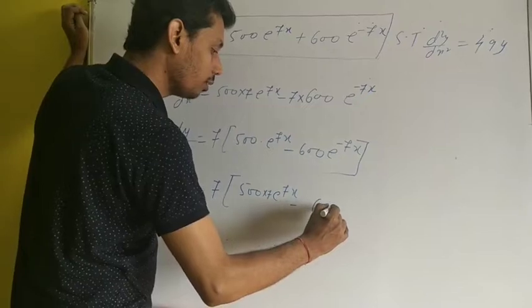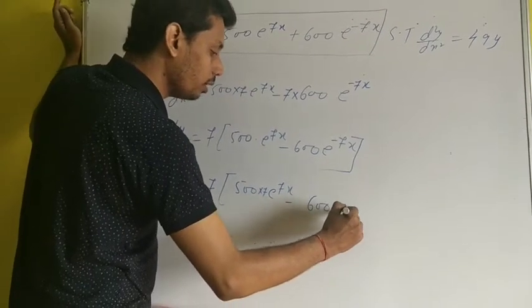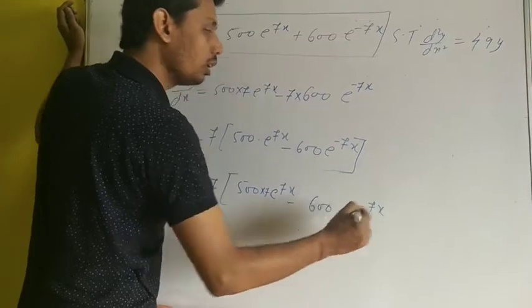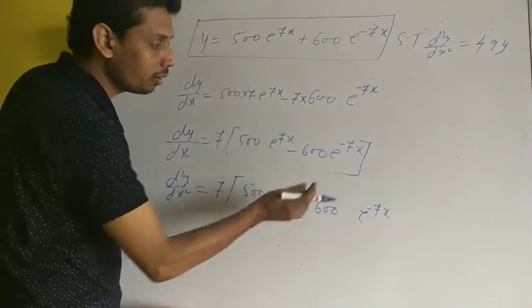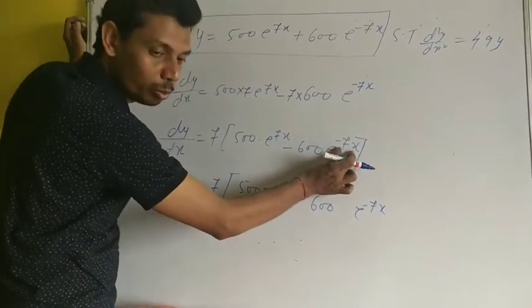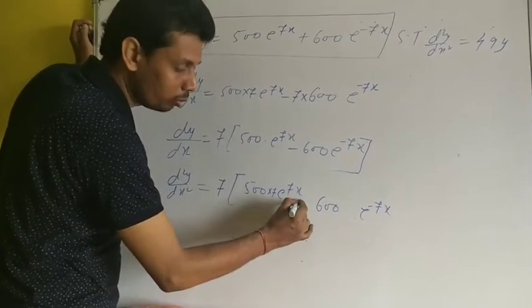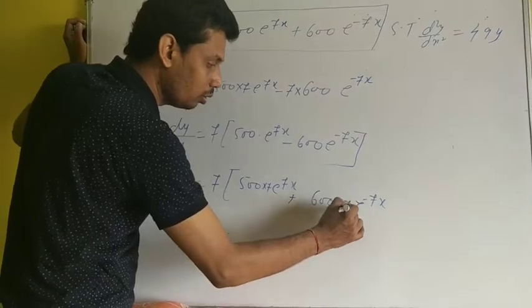Minus 600 constant, differentiation of e to the power minus 7x will be e to the power minus 7x, and differentiation of minus 7x will be minus 7. Already one minus is here, so minus and minus will be plus. This is into 7.